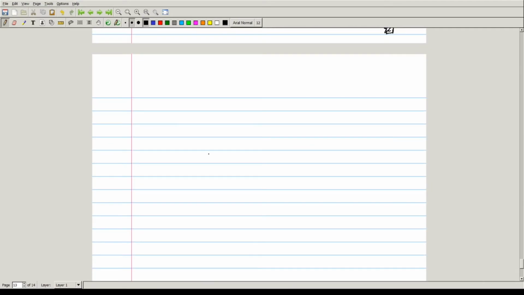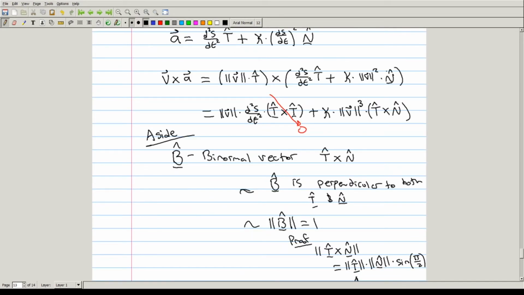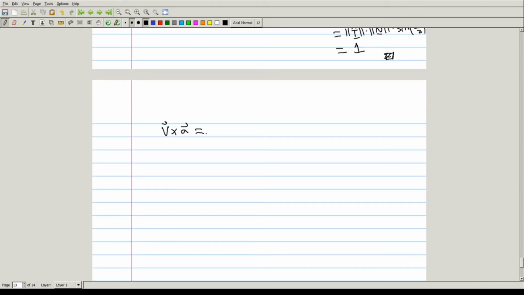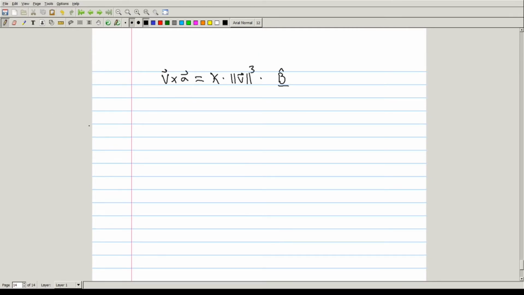We've shown that the cross product of the velocity vector with the acceleration vector is in fact equal to the curvature times the velocity vector magnitude cubed times the unit vector b, or the binormal vector. And if we take the magnitude of each side of this equation, we have a very remarkable formula.